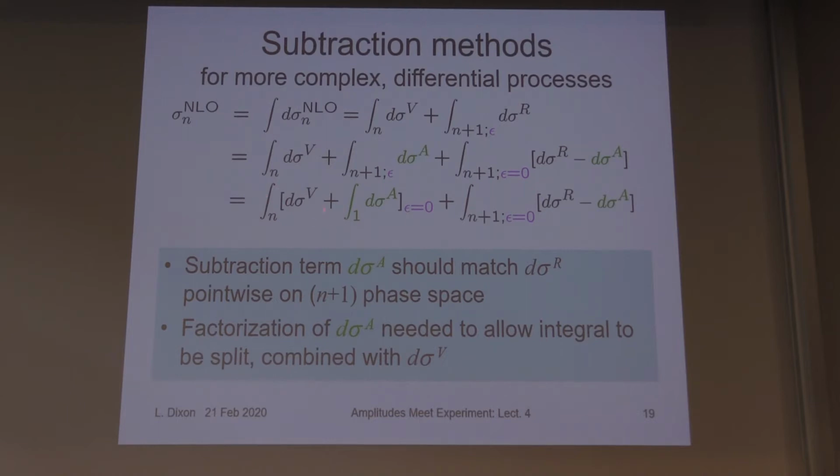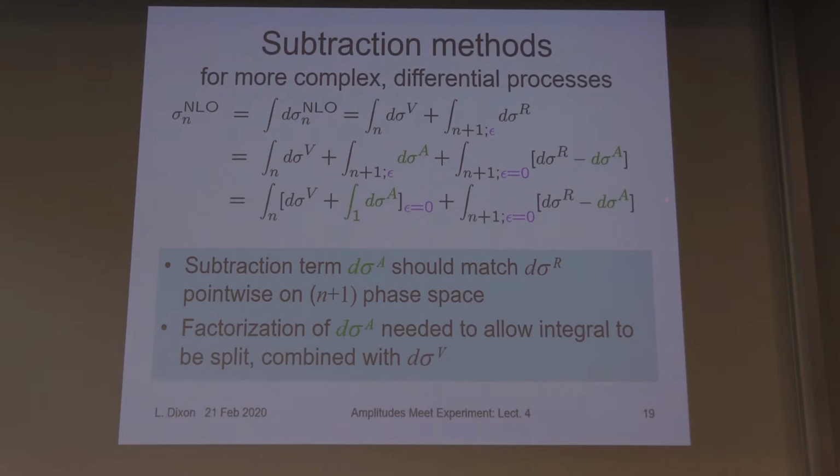And that's all thanks to the factorization property. So you can basically do the integral over one extra parton and combine and find the same poles that cancel the virtual part, and then set epsilon equal to 0. And that would be the analog of the delta(1 minus z) term that we found in Drell-Yan.